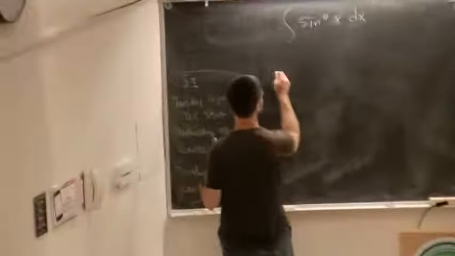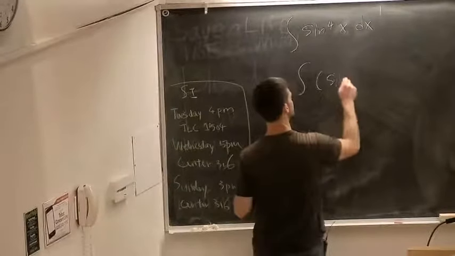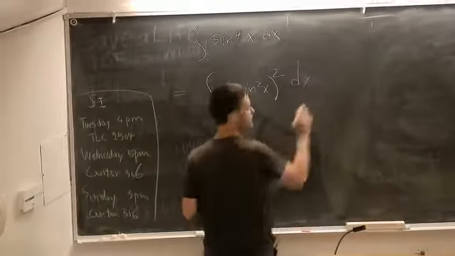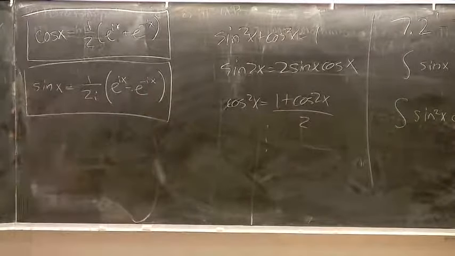So this, I'm going to have to do what I heard someone say, which is write it as sine squared times sine squared. Or here, let's just say, this is sine squared squared. And I'll try to do the same thing that I did with sine squared, which is use the double angle formula.